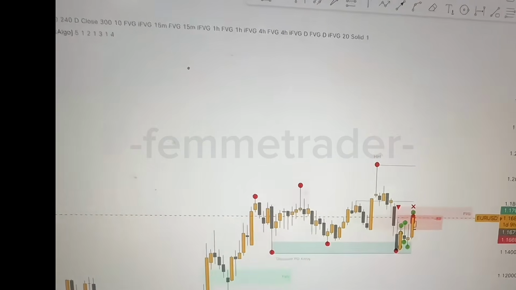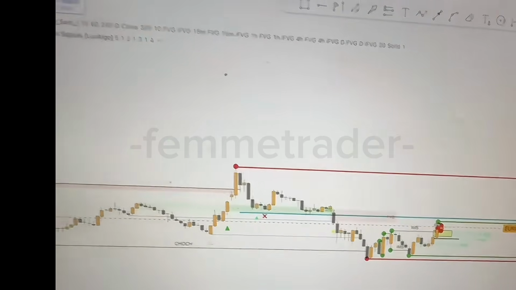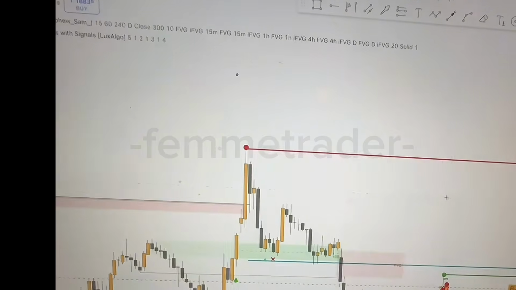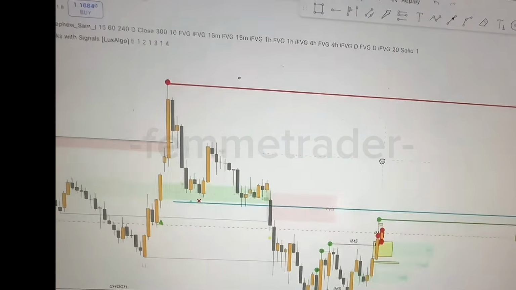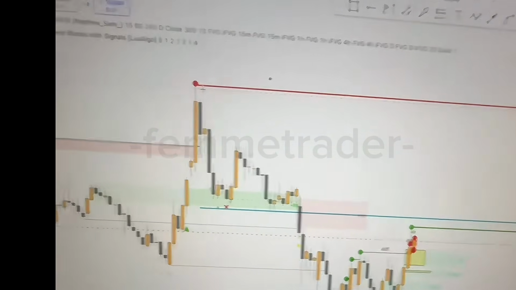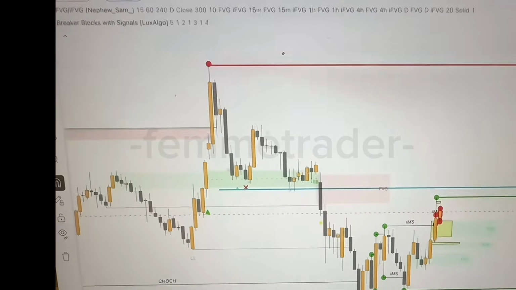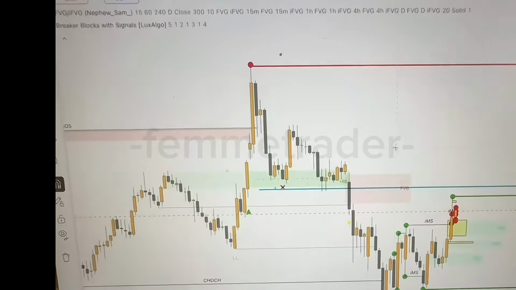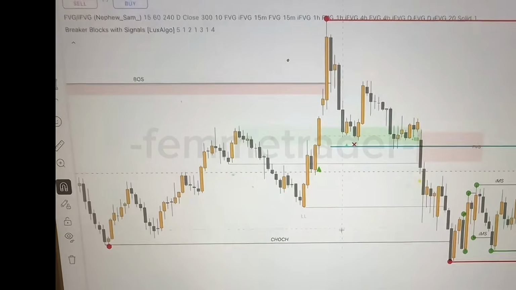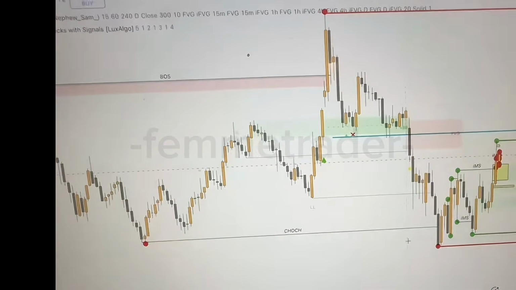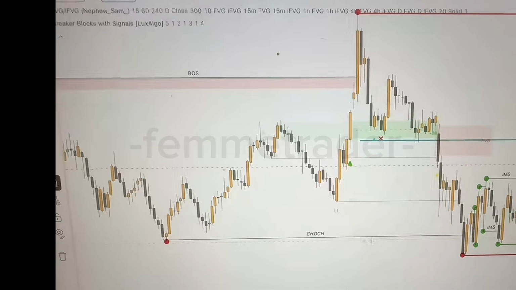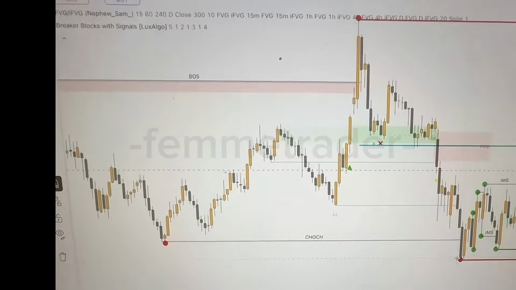So I'll take you down to my daily. I'll show you. Like I said, these are the two. The one I marked, this red line, is the one I'm focusing on, and this is the lowest. Remember I said that it was going up, correct, and then later came down, and that was a change of character. You can also call it a market shift.